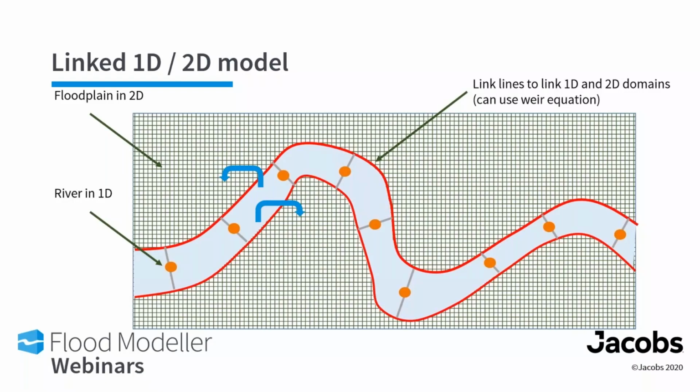So as a hydrograph comes in, say from the left-hand side of this image, it will flow down the channel. When the water level is higher than the bank, the red line, it will then push water over that bank onto the 2D grid, and then start to spread the water onto the floodplain, and then it could go back into the 1D model somewhere else, either downstream or during a recession part of a limb, for example.